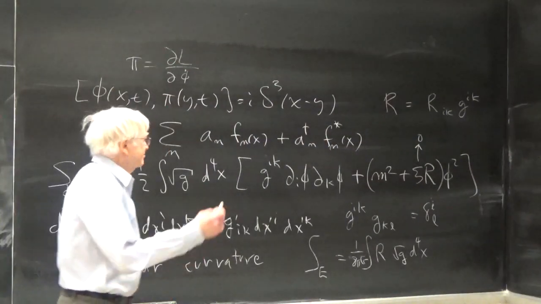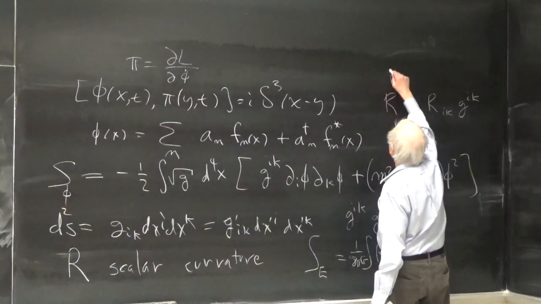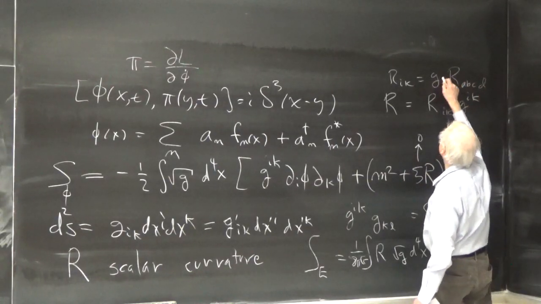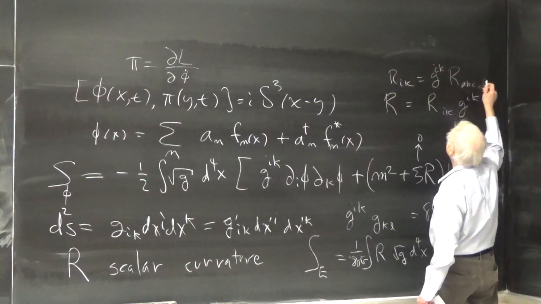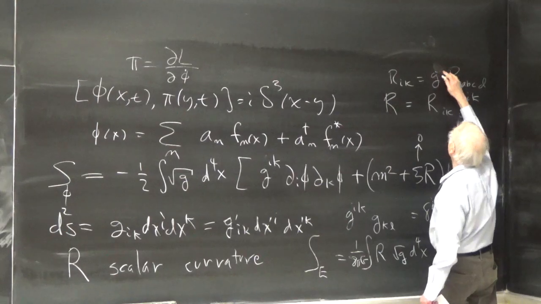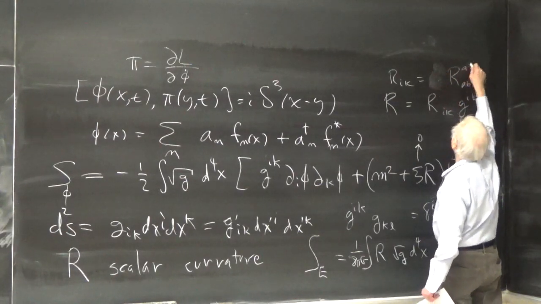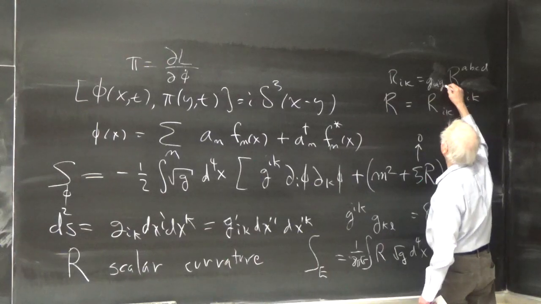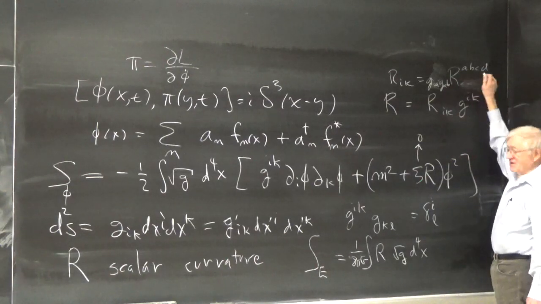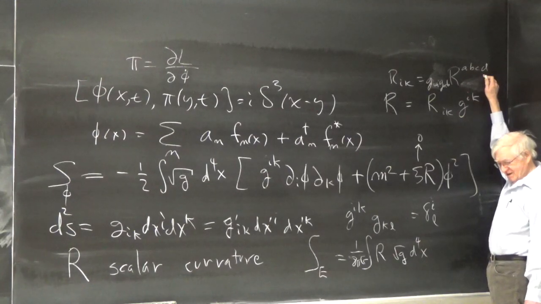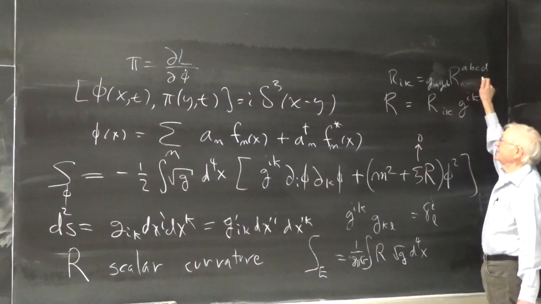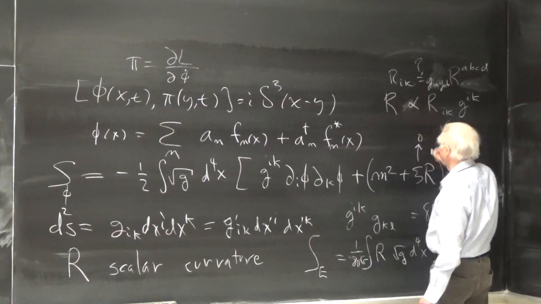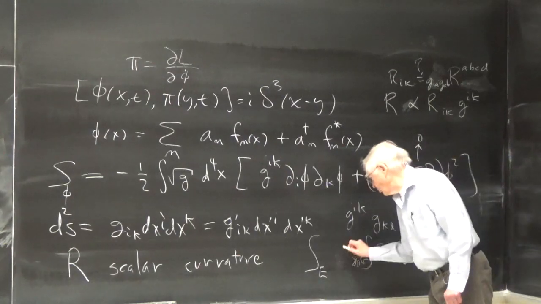I suppose I can say that R_ik is R_abcd g^ia g^kb, though I'm relying on the fact that the curvature tensor has a great deal of symmetry and antisymmetry, so I will put a big question mark here, and this is proportional to, and so forth.